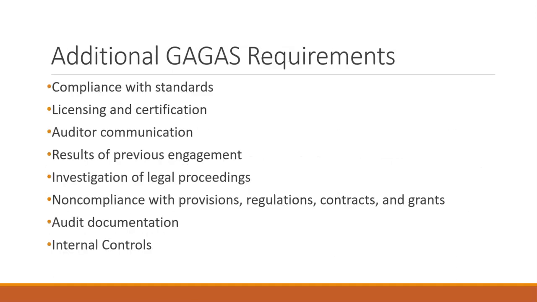Other requirements, through different rules, are the things that they have to look at: quality control and peer review, compliance with standards, following licensing and certification requirements, how auditors communicate the results of any previous engagements, investigations or legal proceedings, non-compliance with provisions, regulations, contracts, and grants, any audit documentation, and internal controls.